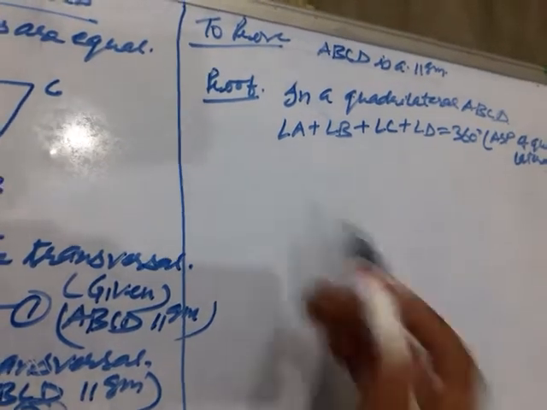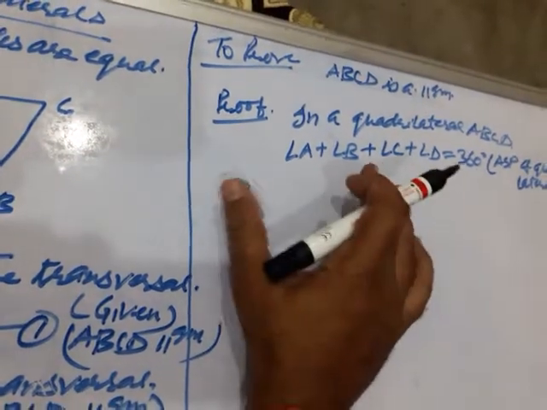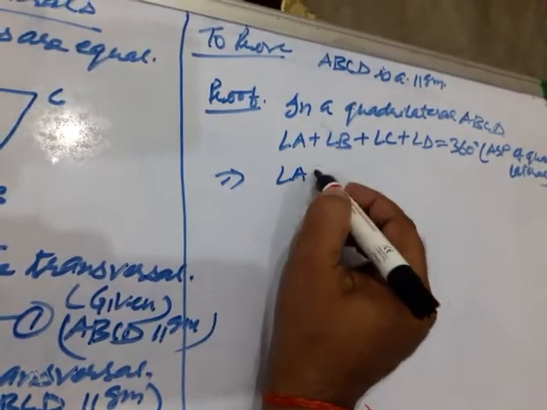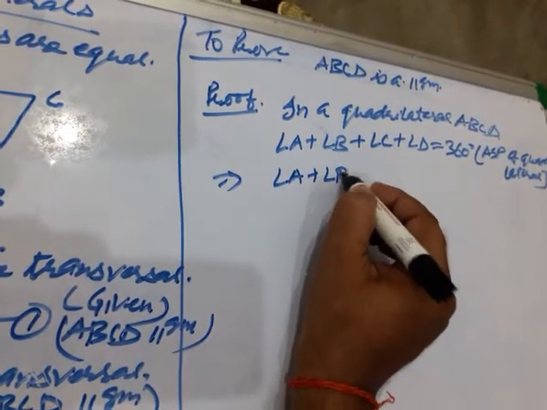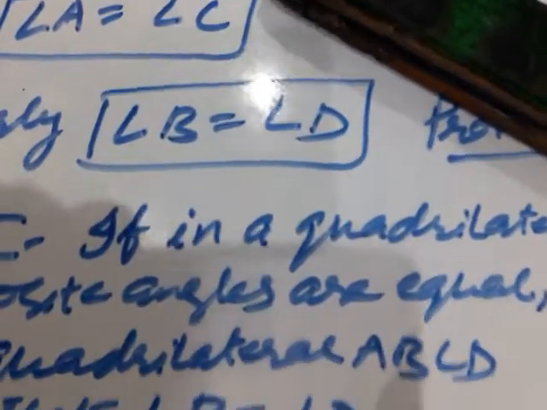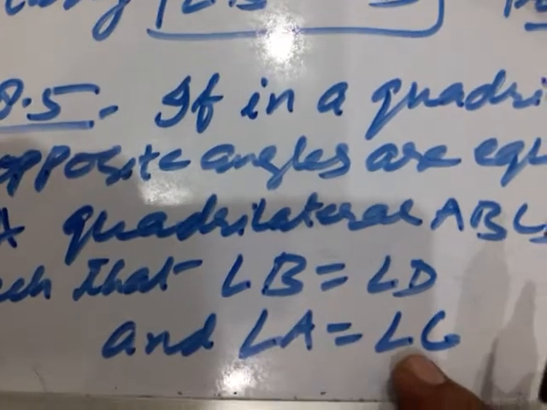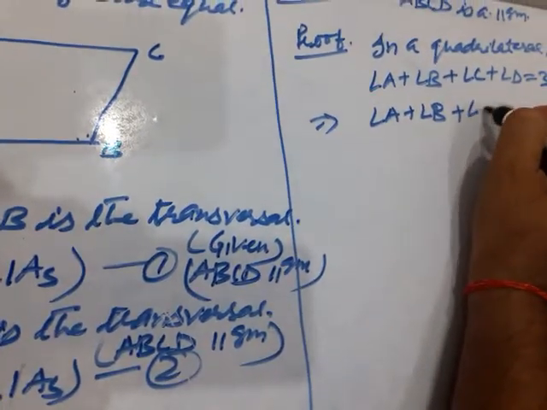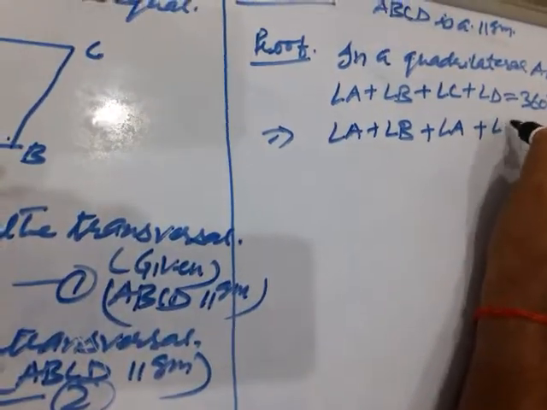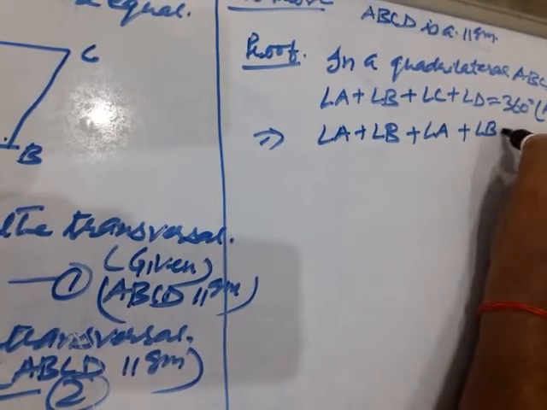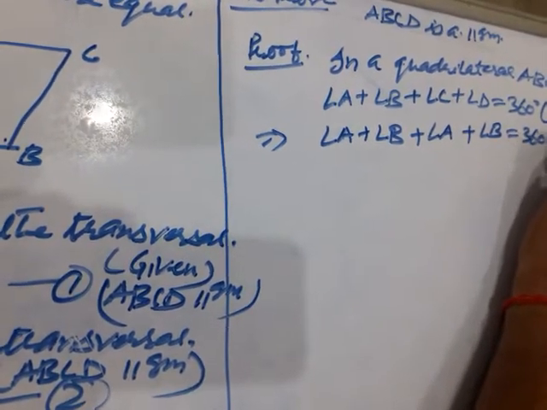Okay children, now this implies that, substitute the values: angle A plus angle B plus angle C. It is given that opposite angles of a quadrilateral are equal, so angle C equal to angle A. Wherever angle C is there, you write angle A, plus angle D, which equals angle B, equal to 360 degrees.